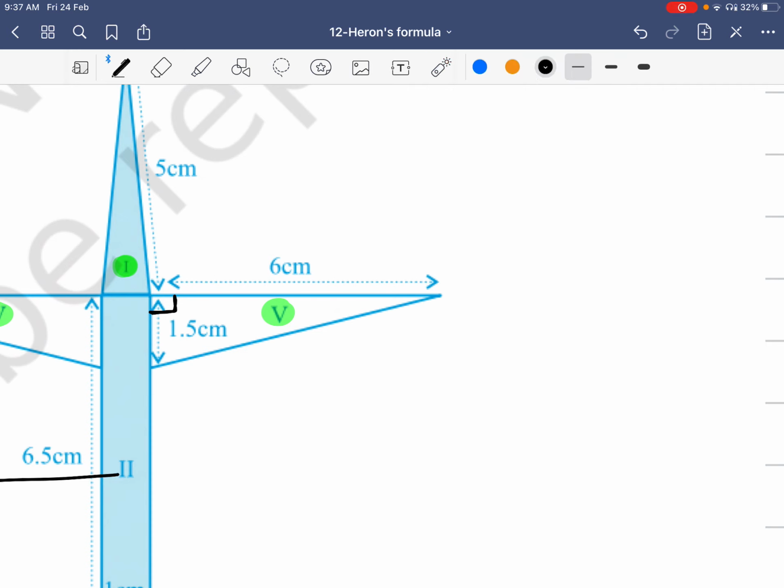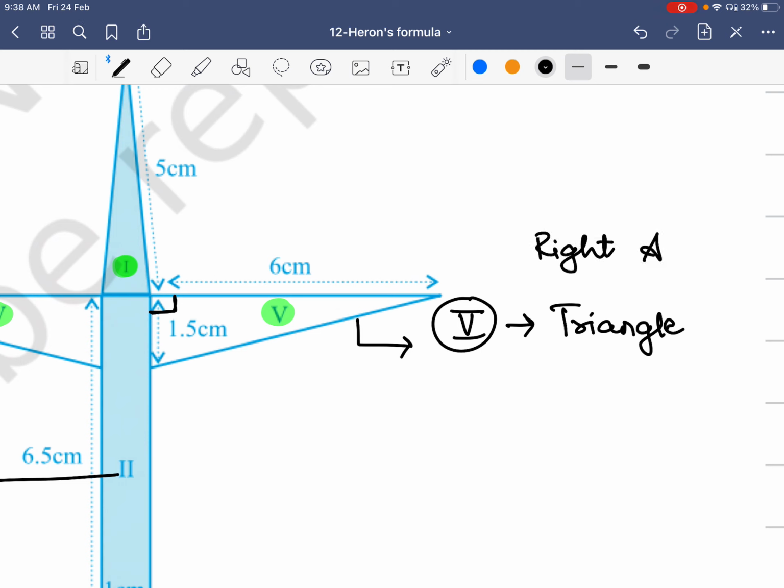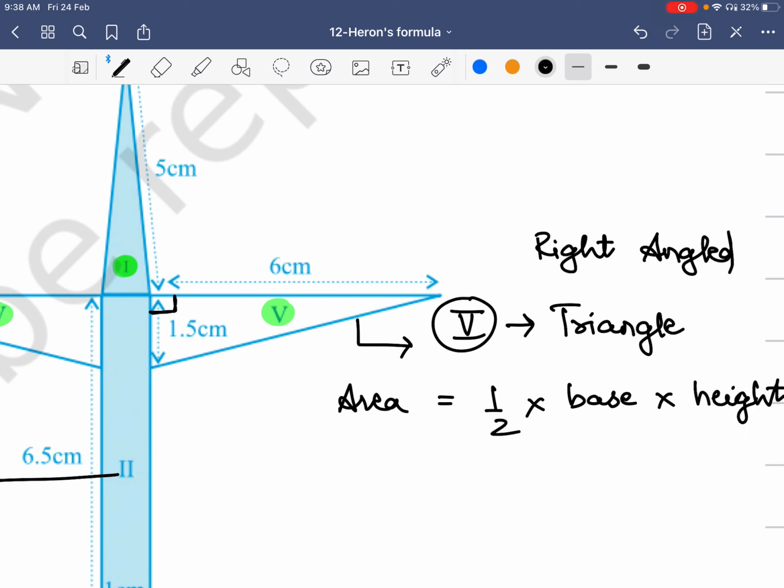Figure 5 is a triangle, to be more specific, a right angled triangle. So the area of this triangle is going to be half into base into height. This is the standard formula of the area of a triangle.